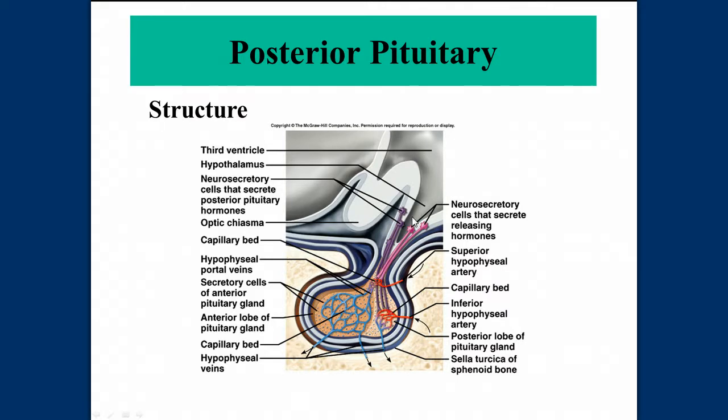And through this nerve impulse here, it causes the release of the hormones from the posterior pituitary, and the hormones are released, picked up by these blood vessels, and again, hormones are carried by the blood to another gland, target cells in another gland, or directly to target cells in tissues.